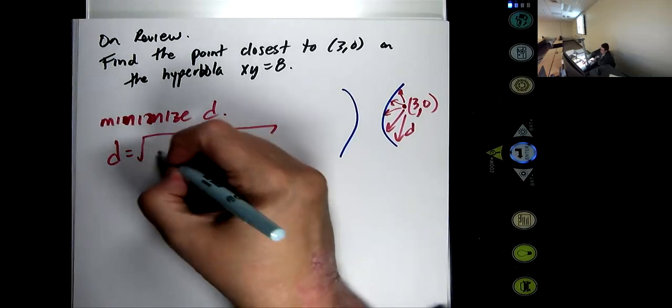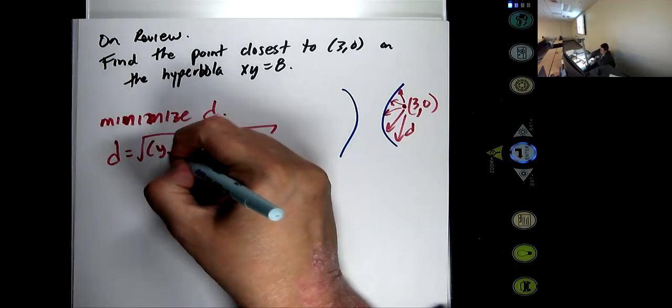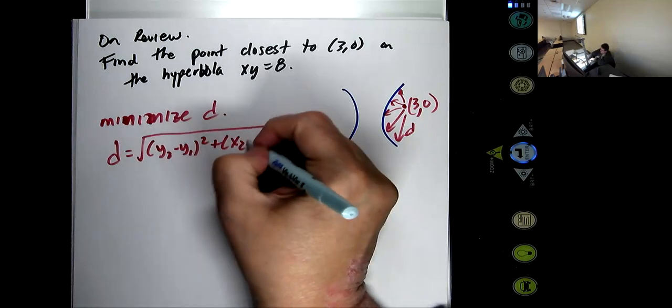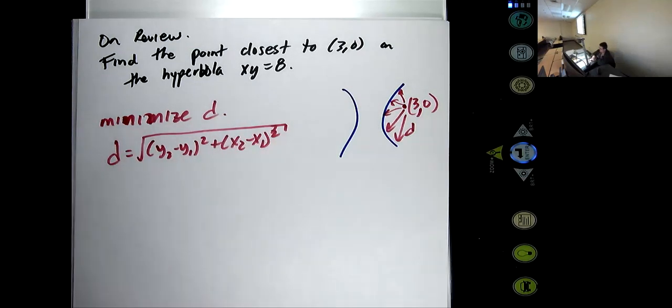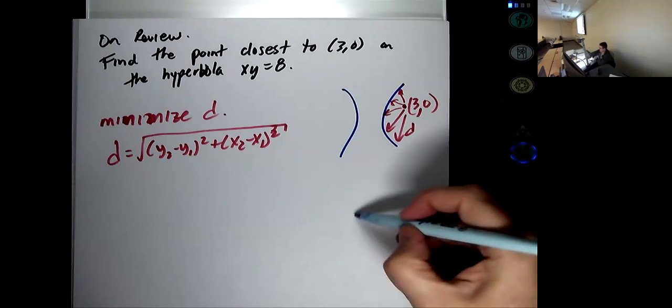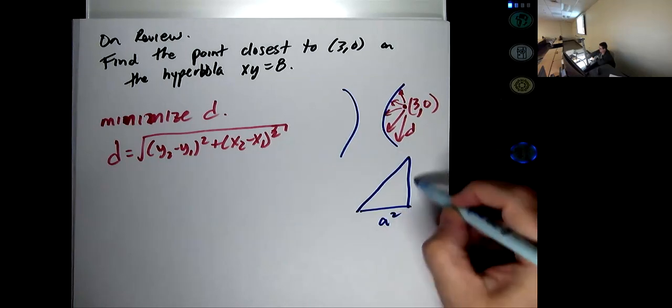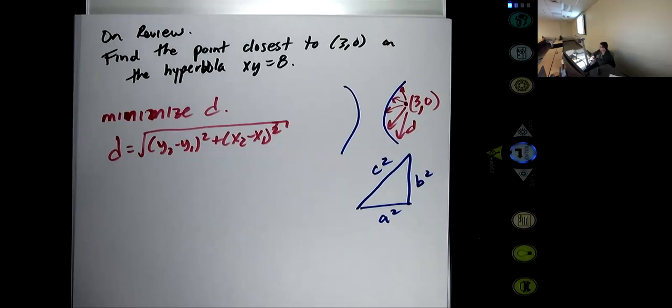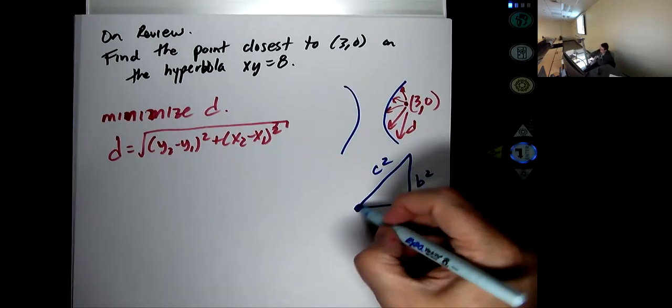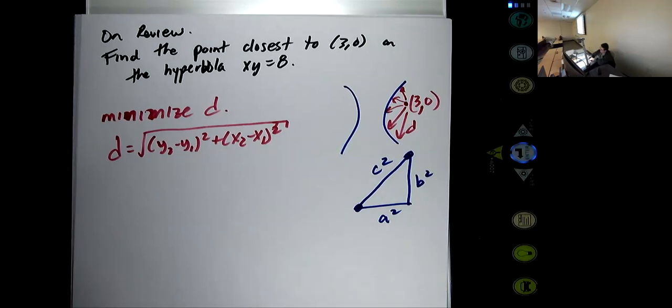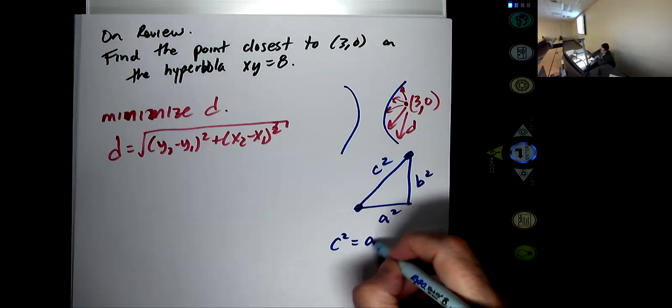D is the square root of y2 minus y1 squared plus x2 minus x1 squared. Do you know that? The distance formula? Yeah, that's basic algebra. Or if you don't want to do basic algebra, the distance between two points, c squared equals a squared plus b squared.